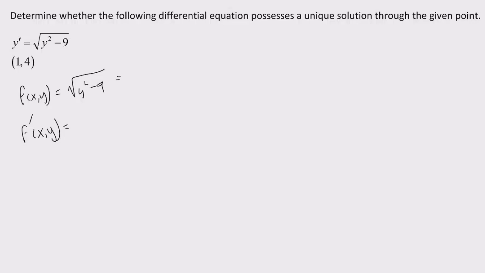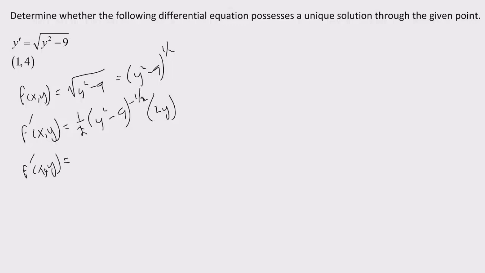Okay, so I'm going to rewrite this to the 1/2 power. Okay, so the derivative would be 1/2 times y squared minus 9 to the negative 1/2, and then our chain rule would be 2y. And so I'm going to rewrite that. That would be y over the square root of y squared minus 9.